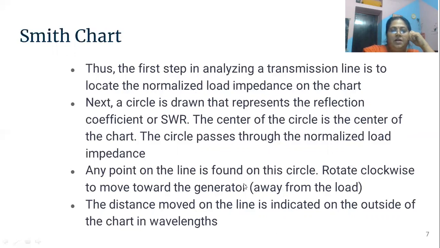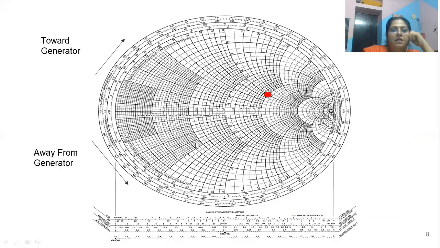We move the point either clockwise or anti-clockwise towards the generator. So this is marked on the Smith chart as towards the generator. If we move the point in this direction, it will be away from the generator.